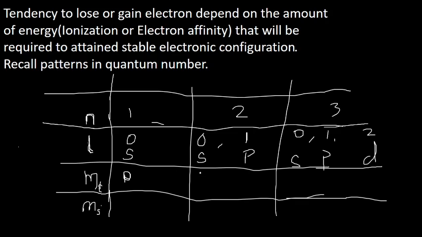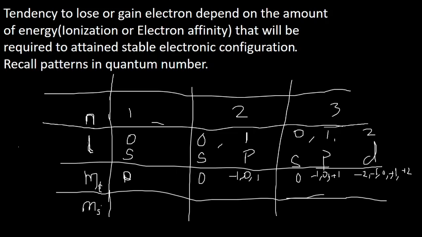For this one, from minus L to plus L, L is 1: minus 1, 0, plus 1. For this one, minus 1, 0, plus 1. For this one, minus 2, minus 1, 0, plus 1, to plus 2.